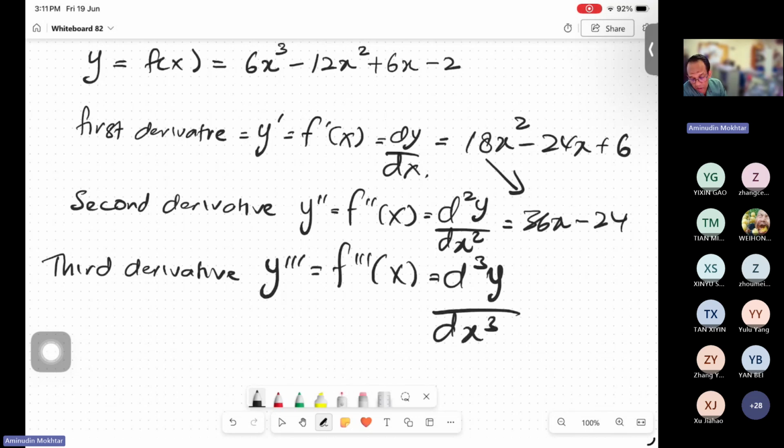That is the third derivative. So the third derivative is the first derivative of the second derivative. Since the second derivative is 36x minus 24, the third derivative is equal to 36.